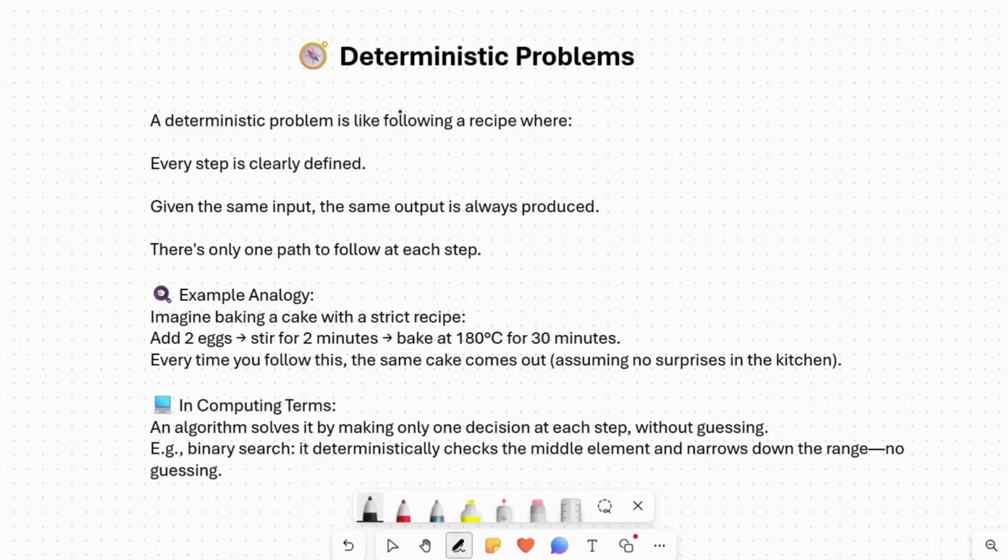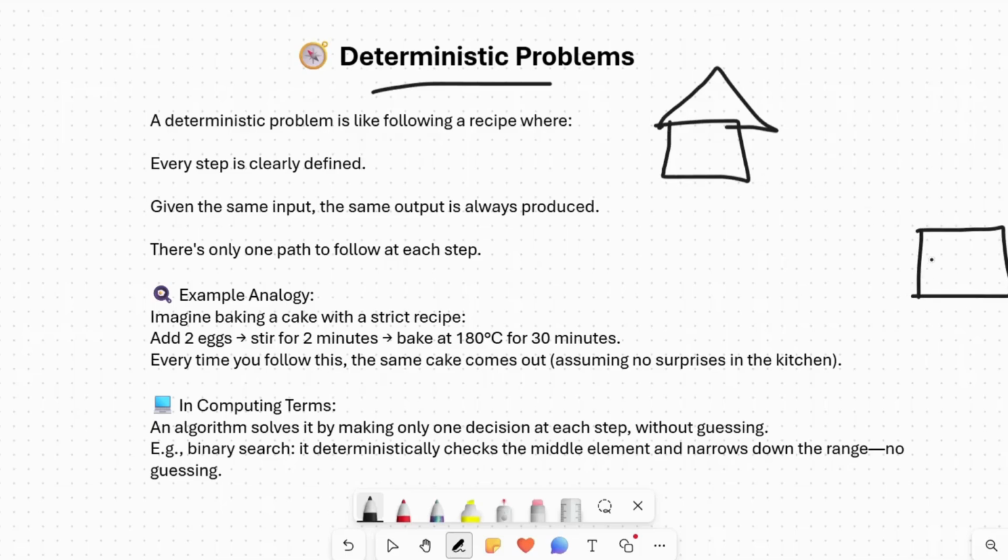First we talk about deterministic problems. In deterministic problems, we follow the same path. For example, this is your home and this is your school, and there is a road you can follow at regular time, and this is the only road to go to your school.